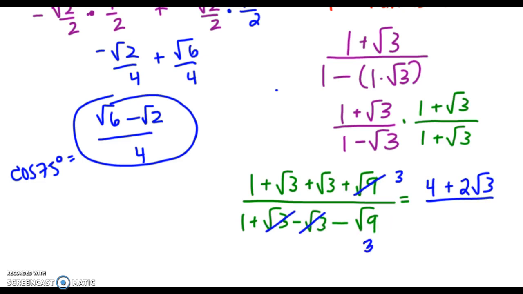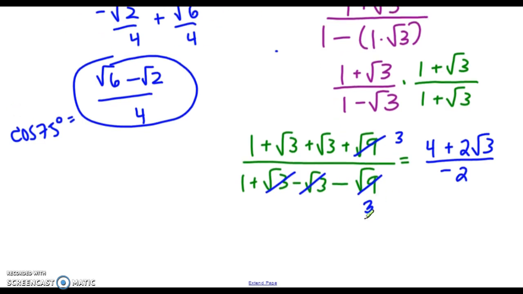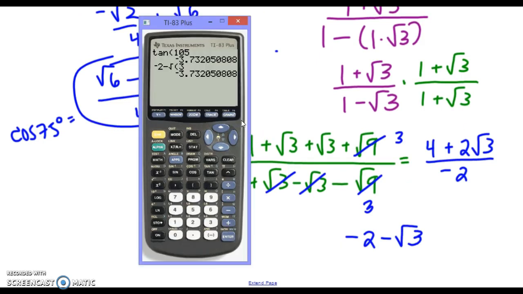This would be 3 as well. 1 subtract 3 would give me negative 2. So negative 2 minus radical 3. You would want to go ahead and check your answer. So tangent of 105 degrees is this. Negative 2 subtract radical 3 is this. So they do match. This would be our nice simplified answer.